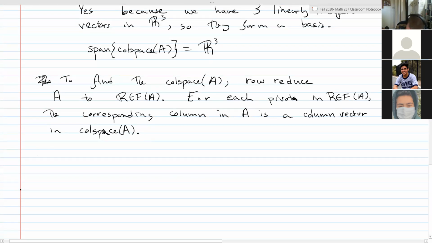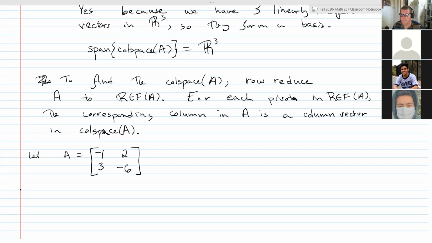So let's say, for example, that we let A equal -1, 3, and then 2, -6. Okay, so we'll have -1, 2, 3, -6.